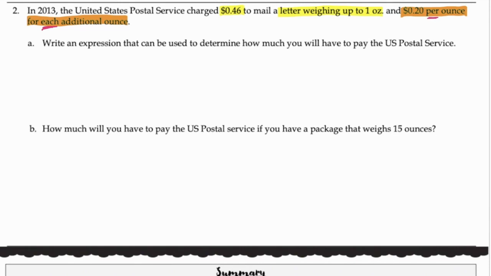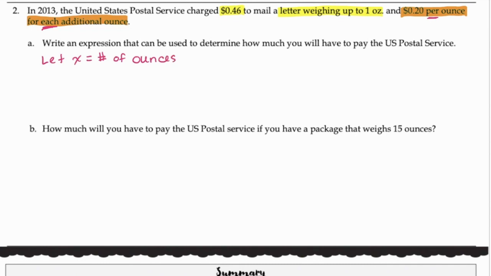A, write an expression that can be used to determine how much you will have to pay the postal service. Okay, so first thing I'm going to say is my let statement. Let X equal. Each is followed by the word ounce, per is followed by the word ounce, so I know we're talking about the number of ounces.